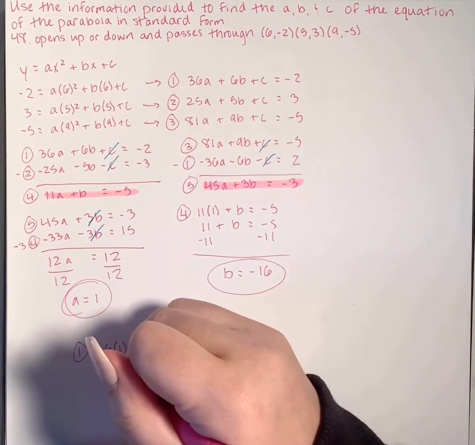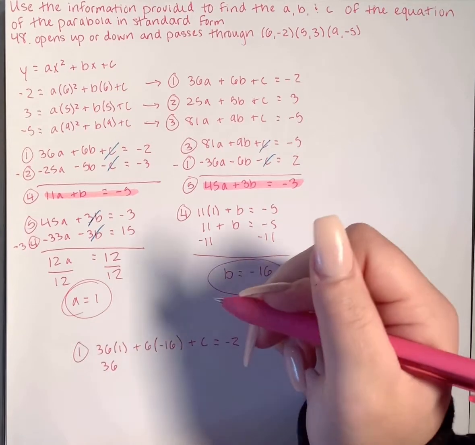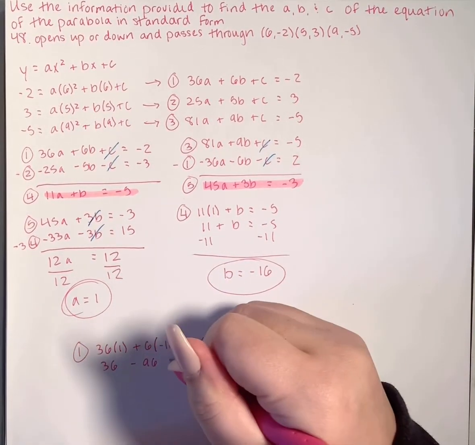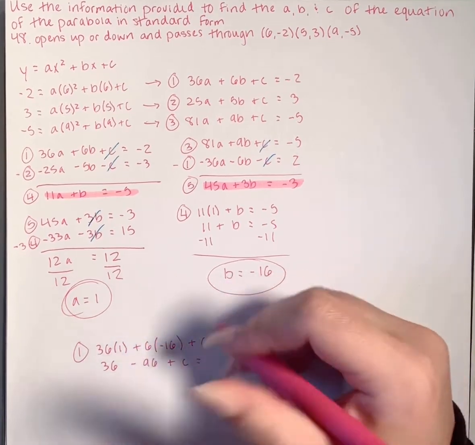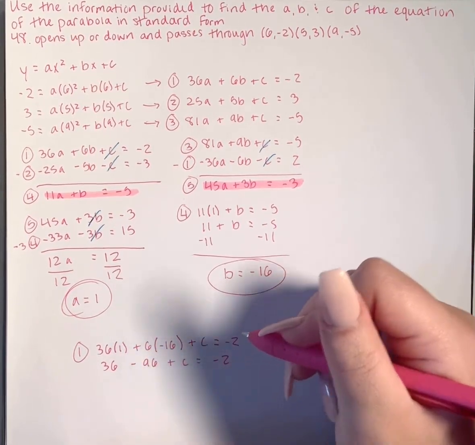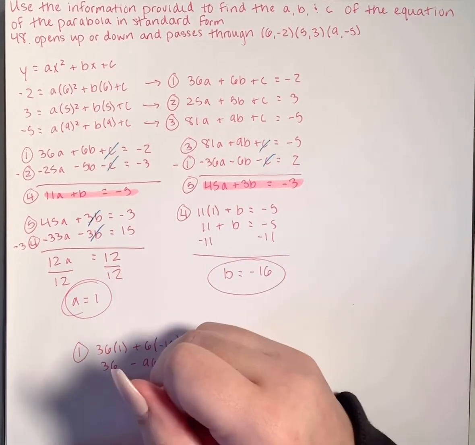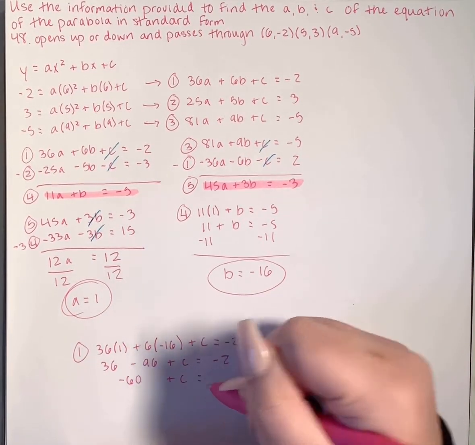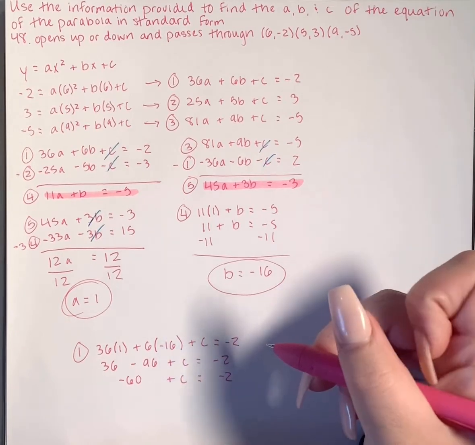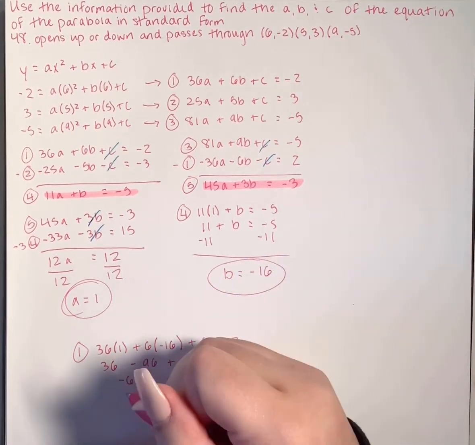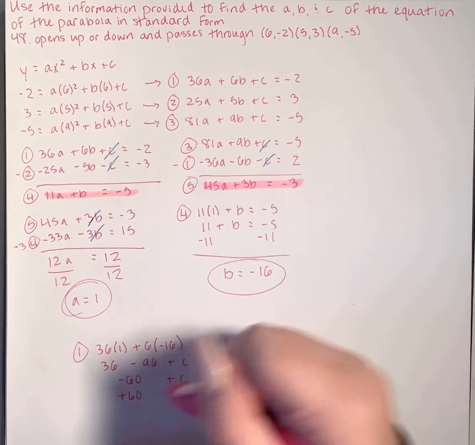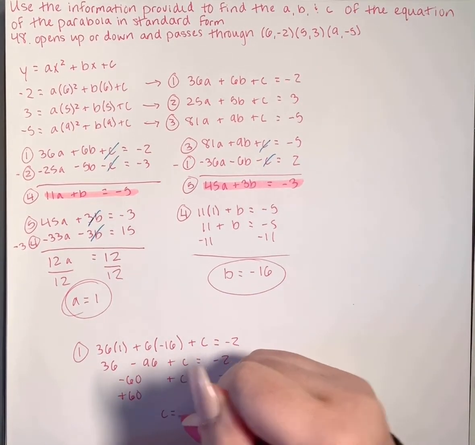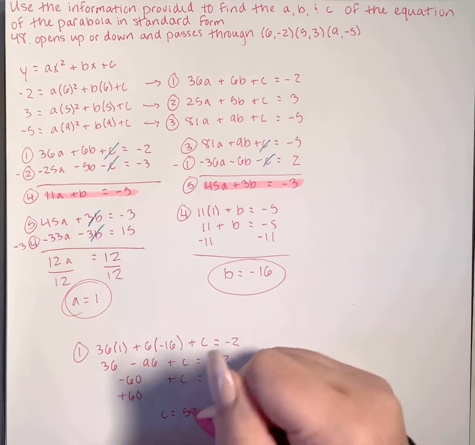So we get 36 minus 96 plus c equals -2. And then we get -60 plus c equals -2. And then we add 60 to both sides, and we get c equals 58.